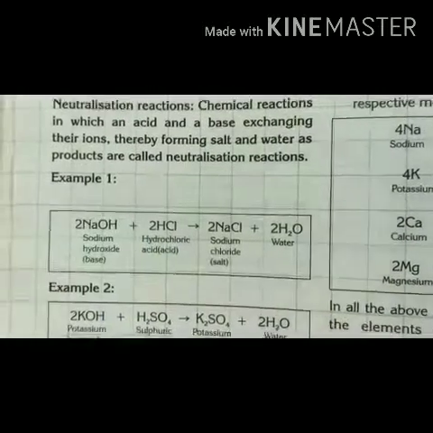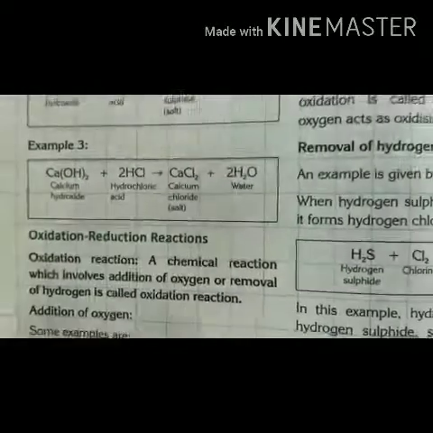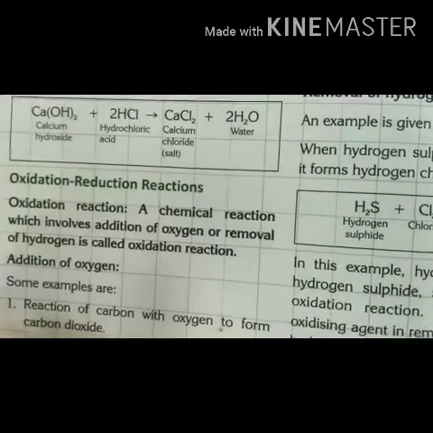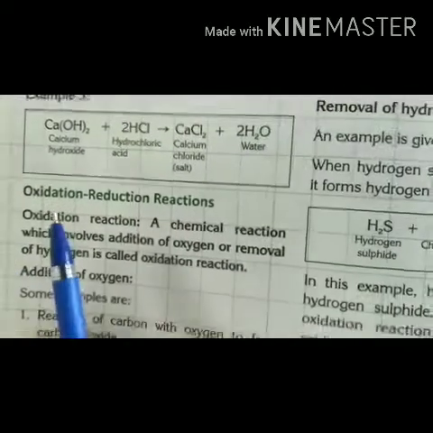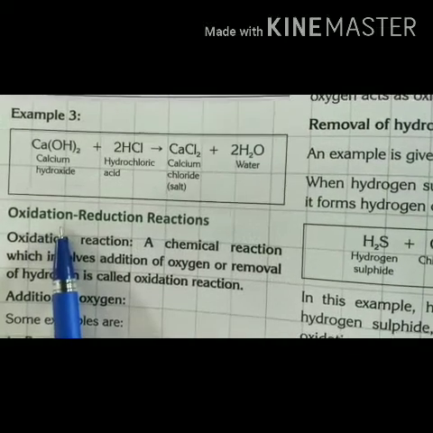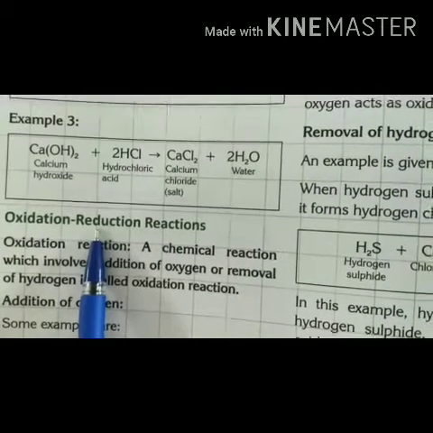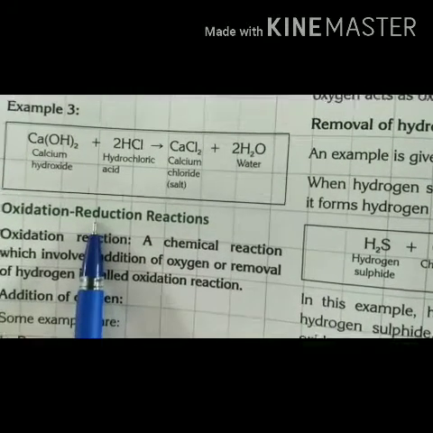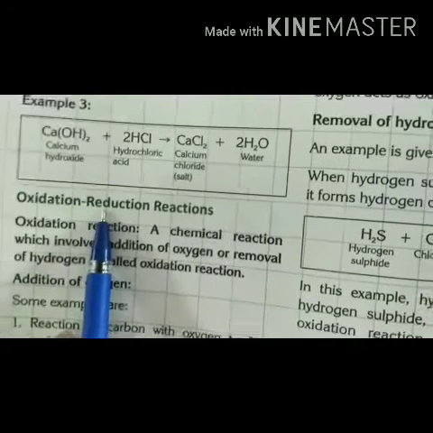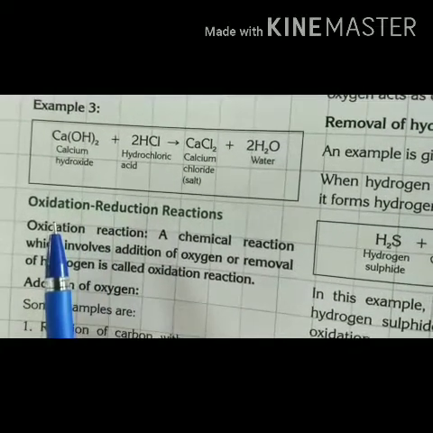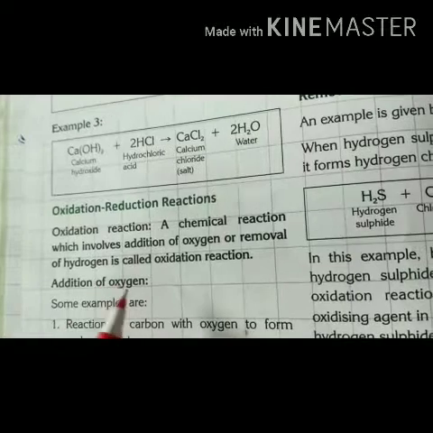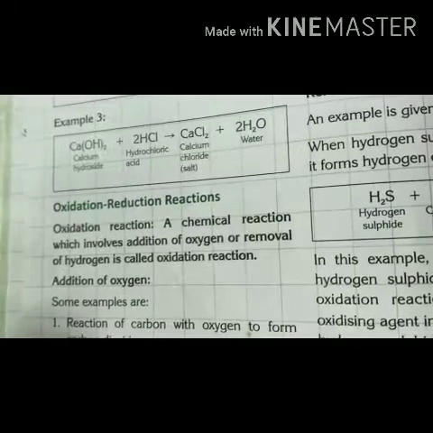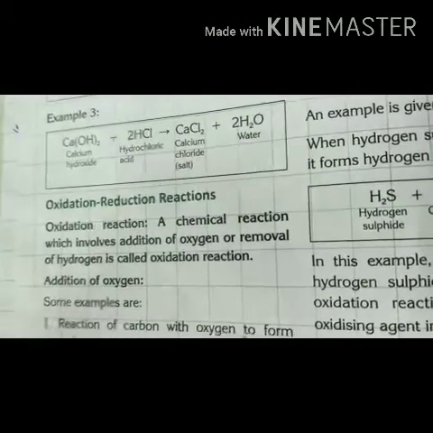Okay students, after that we can see the oxidation reduction reaction. What do we understand by this reaction? See students, oxidation means the addition of oxygen, and reduction means the addition of hydrogen. In the same way, if hydrogen is releasing from any compound, it is getting oxidized.